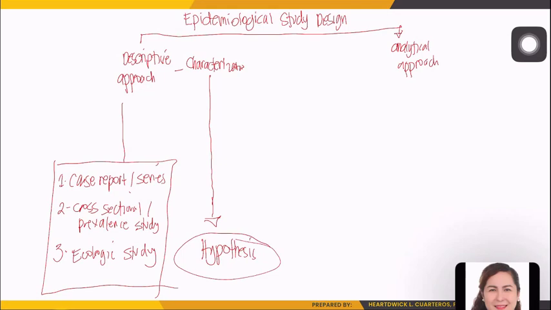So we have generated a hypothesis, then what we will do is, the generated hypothesis will be tested through your analytical approach. So in this analytical approach, we test our hypothesis.